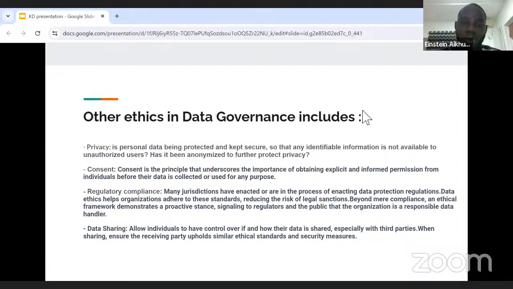If your organization or Facebook had to share data, they would have to let the users know. And Facebook, in their data governance, has to ensure the third-party organization they are sharing with also has ethical standards and security measures to protect that personal data.